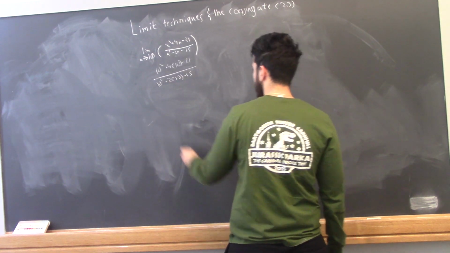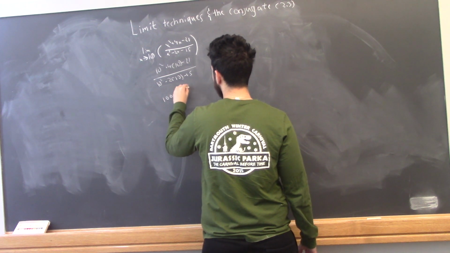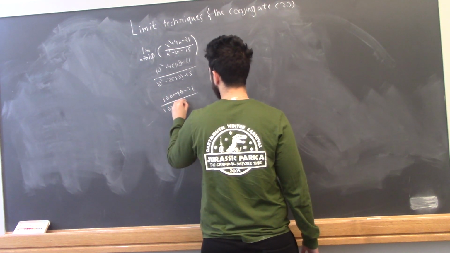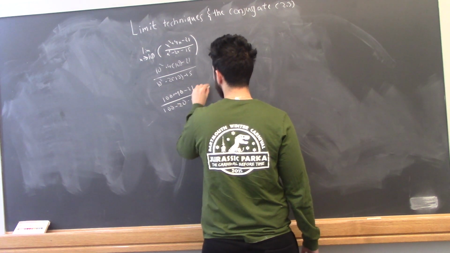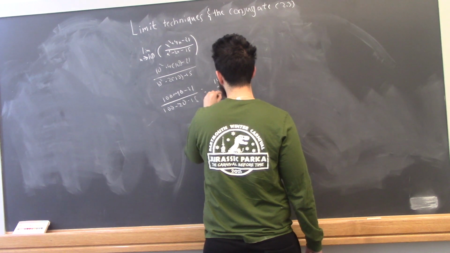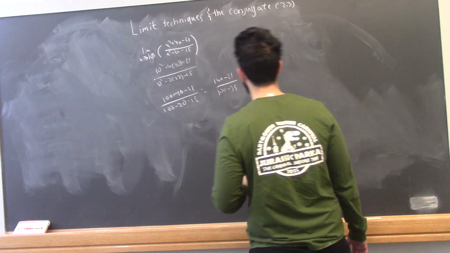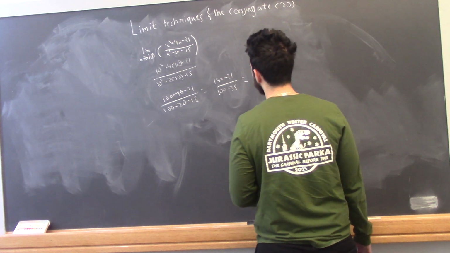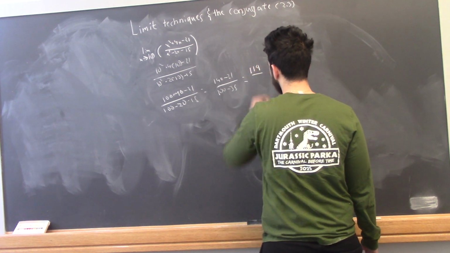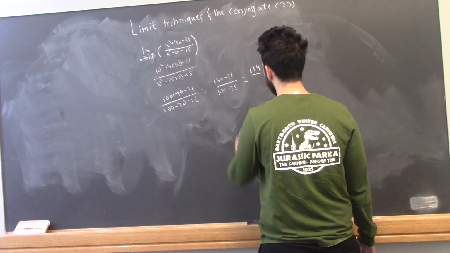Okay, so this is going to be 100 plus 40 minus 21 over 100 minus 20 minus 15, which is 140 minus 21 over 100 minus 35. Now this is going to be the tricky math that I'm hopefully not going to fail. 119 over 65? Yeah, 65.